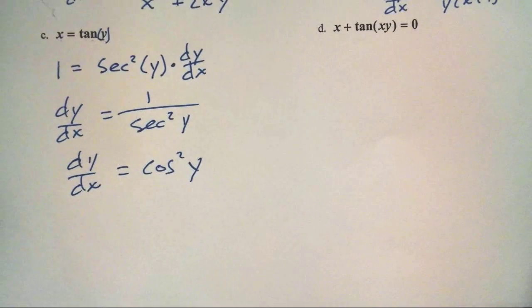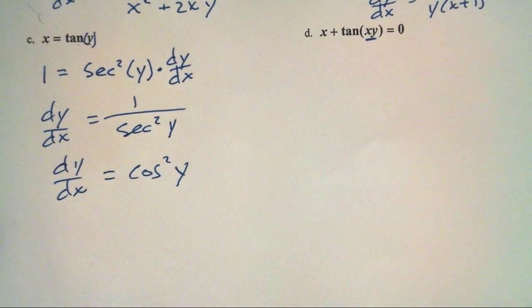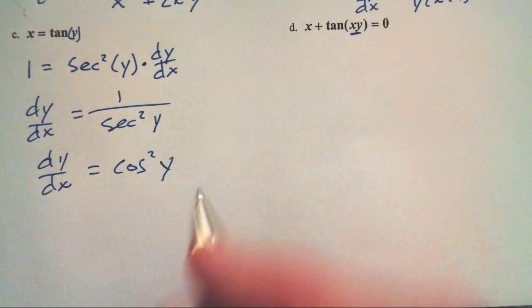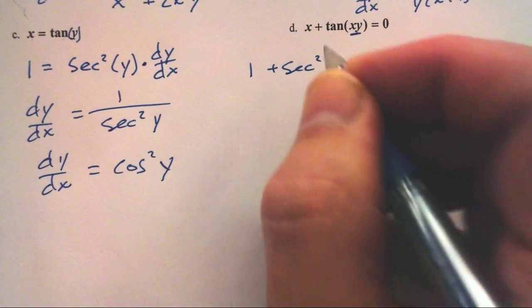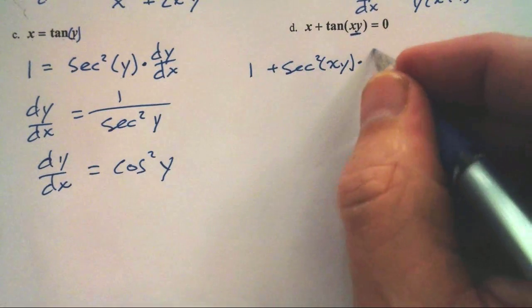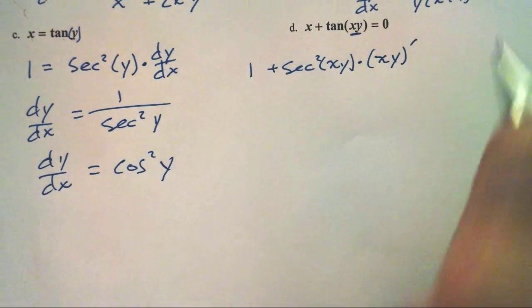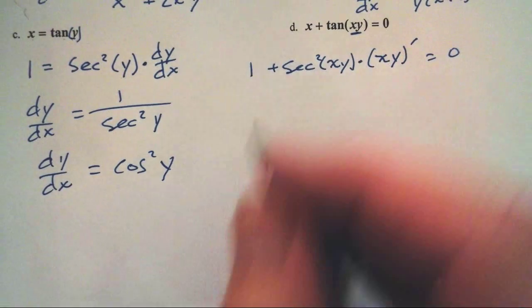similar problem because we got that tangent in there, but here's what we've got to be alert to. This is going to be a product rule. So derivative of both sides: derivative of x is 1, derivative of tangent is secant squared of what? Of the inside function, times the inside derivative, xy's derivative, equals derivative of 0, which is 0.